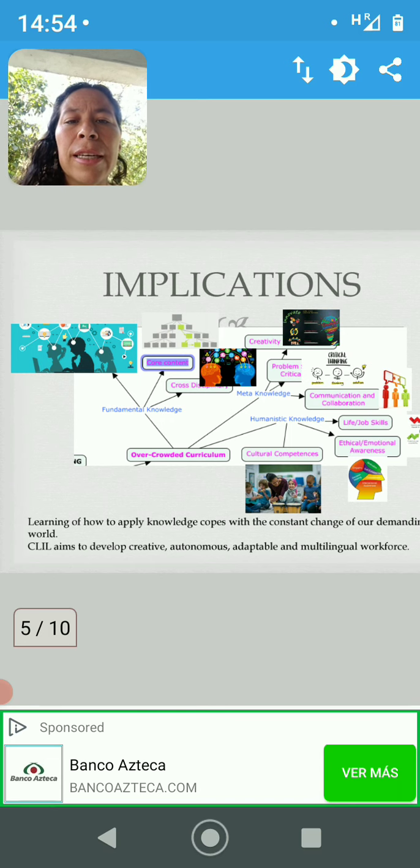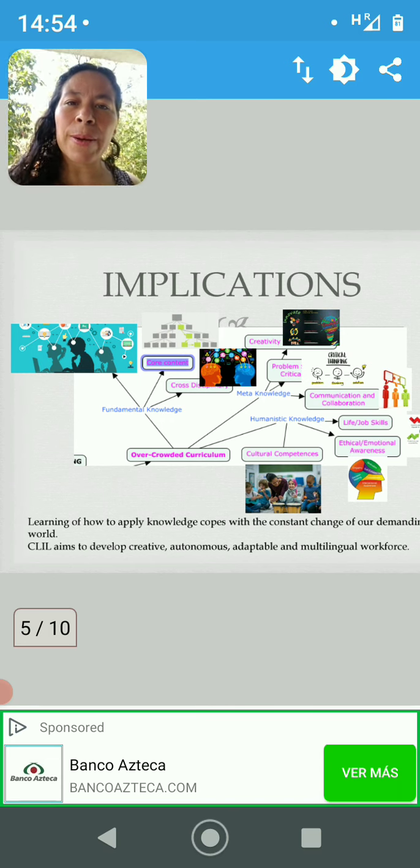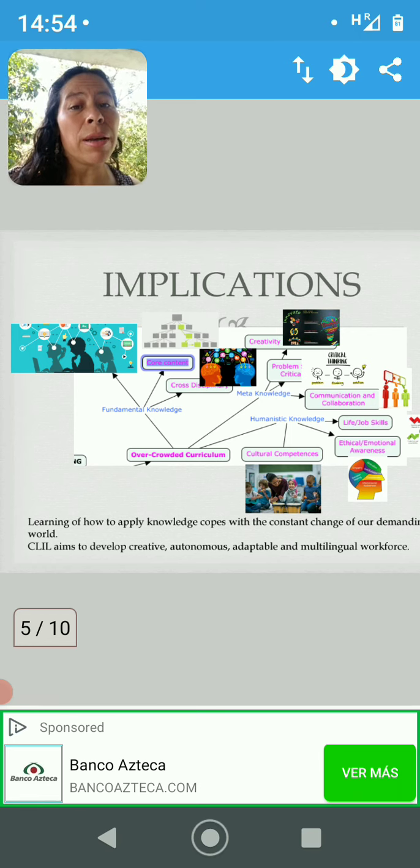And the reason why CLIL has developed and is necessary in our society is because we have a constantly changing and demanding world that requires a workforce that is creative, autonomous, adaptable, and multilingual. And that's why CLIL is needed.